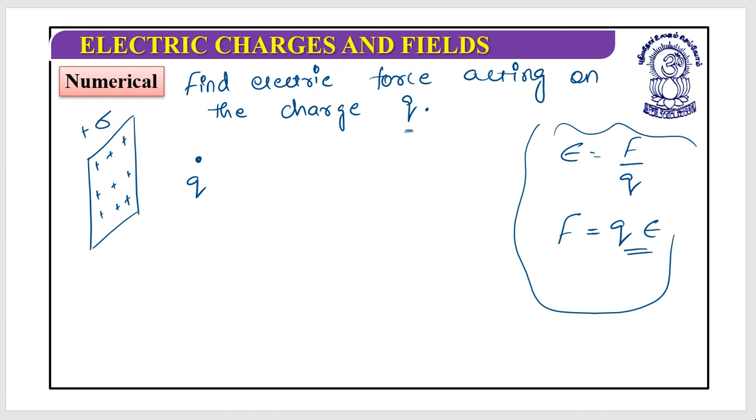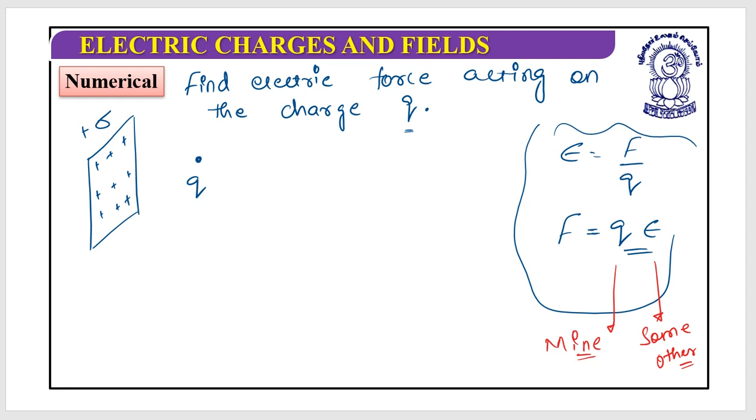Do remember one thing. These are the golden points. That this charge will be mine. When I say mine, it means I need to consider the body on which the force is to be applied, while the electric field will be of some other.